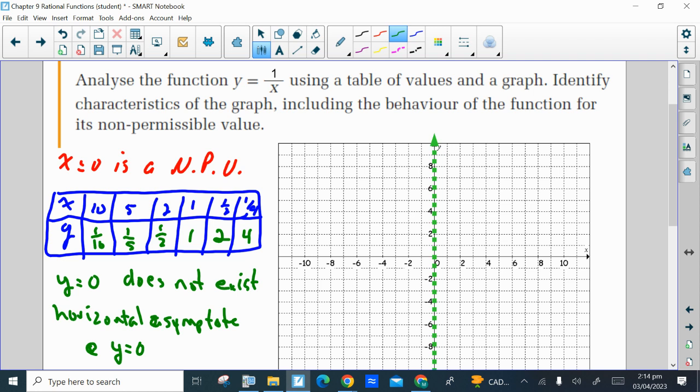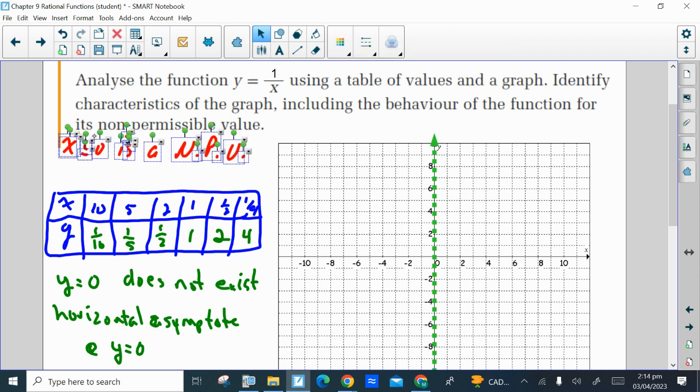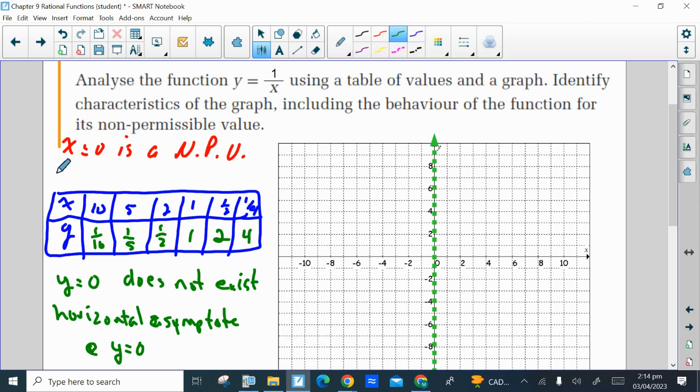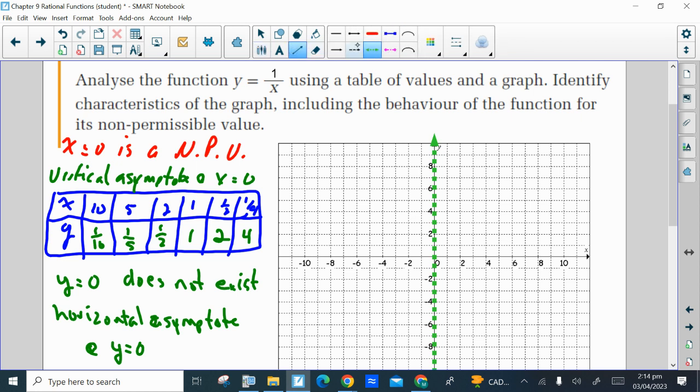Because x = 0 is a non-permissible value, that gives us a vertical asymptote at the line x = 0. So we can draw our horizontal asymptote in there as well. That comes from the fact that y can never equal 0. And we can start to graph this or put points on our graph.